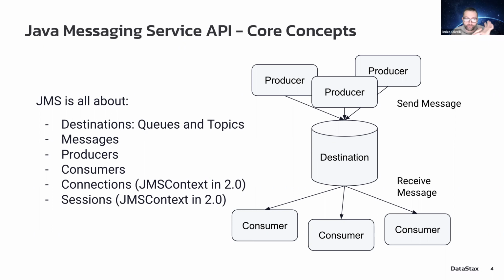There are the concepts of connections, which is the physical connection to the broker, and sessions, another abstract concept that has disappeared in JMS 2.0, leaving space for JMS context. So it's very simple for whoever knows messaging systems. You produce messages and someone processes messages.